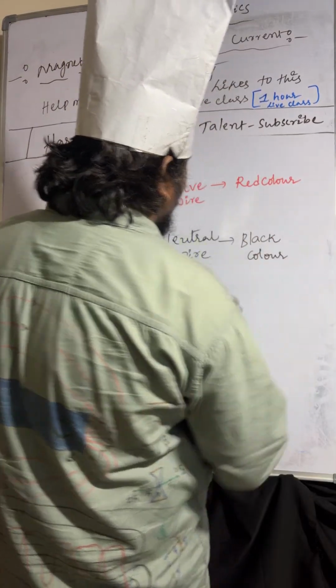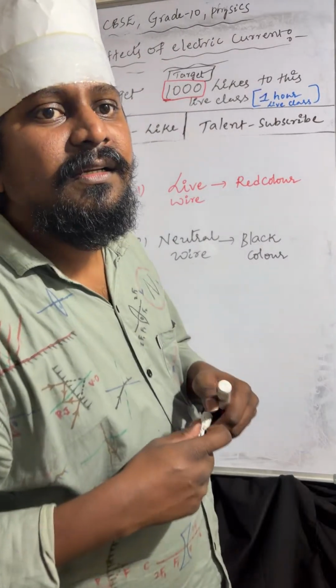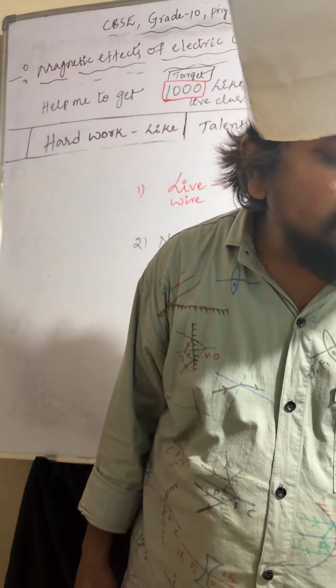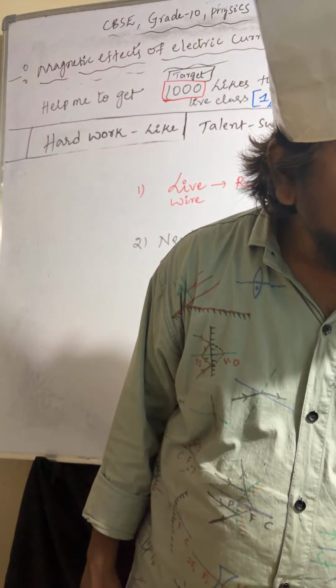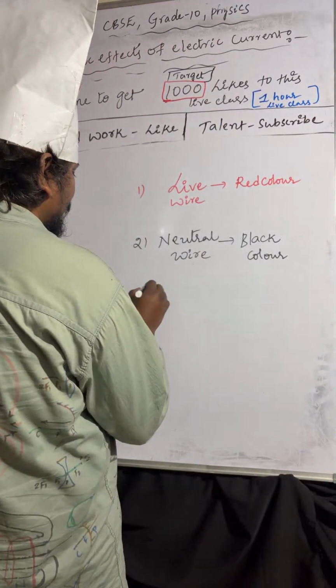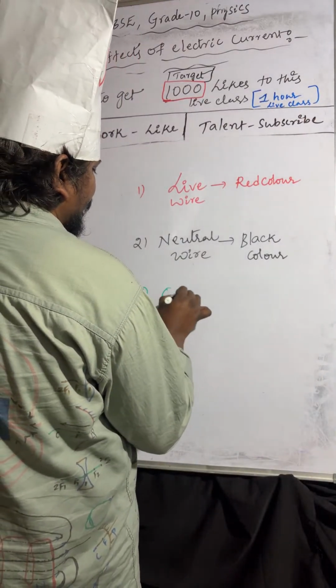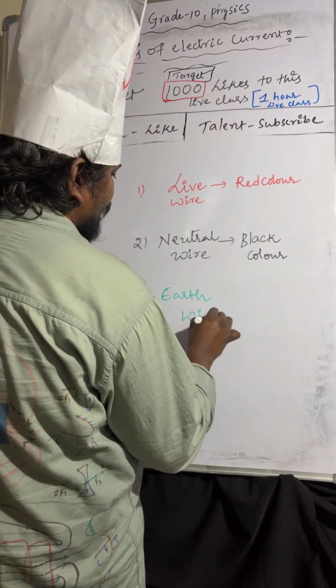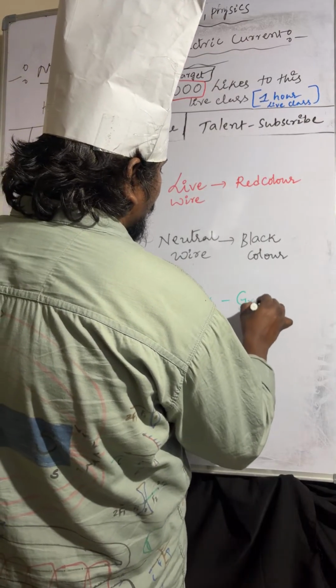Coming to the earth wire, the earth wire is green color. The third one is the earth wire, green color.